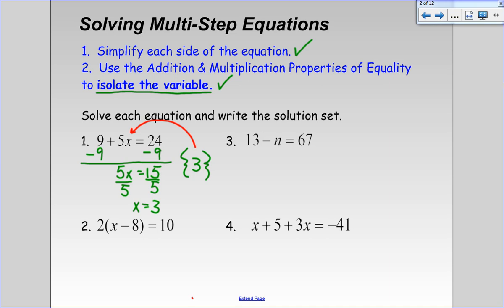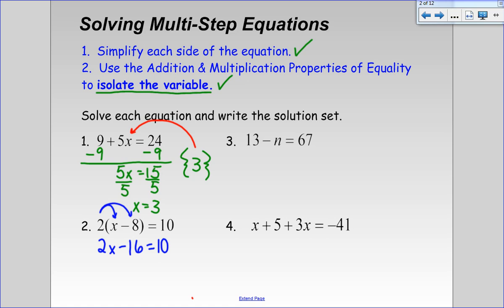Number 2 says 2 times x minus 8 equals 10. Let's begin by distributing and simplifying as much as we can here on each side of the equation. So we get 2x minus 16 equals 10. Now, since there's nothing more we can do on each side of the equation, let's begin to isolate our variable.